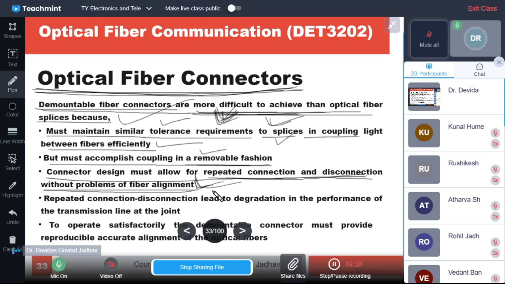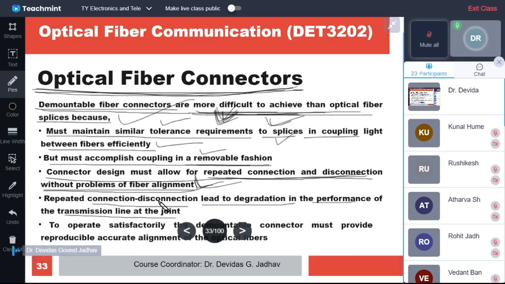One more reason. Repeated connection and disconnection lead to degradation in the performance of the transmission line at the joint. The repeated connection disconnection leads to degradation in the performance of the overall transmission line.